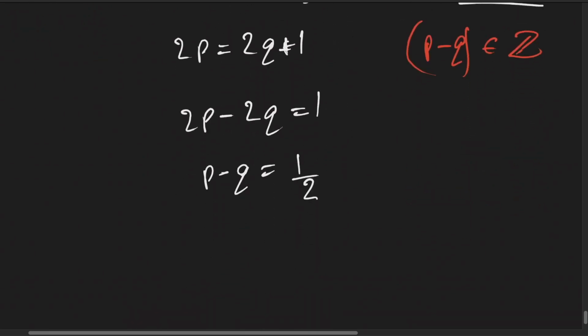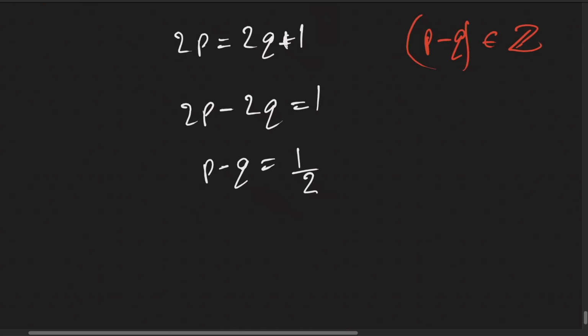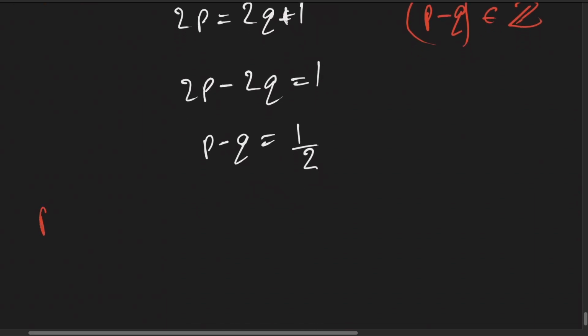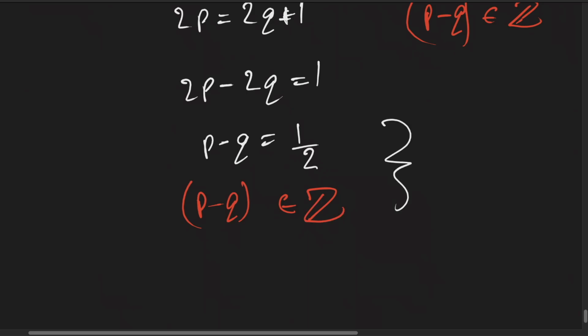But here we're getting 1 over 2, which is not an integer. Because p and q are 2 integers, we know that p minus q must be an integer as well. But here p minus q is equal to 1 over 2, and 1 over 2 is obviously not an integer. So this is a contradiction.